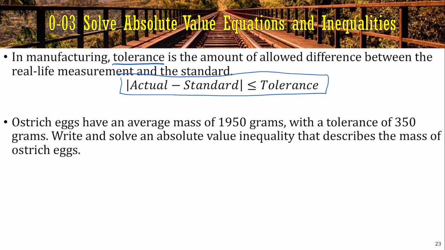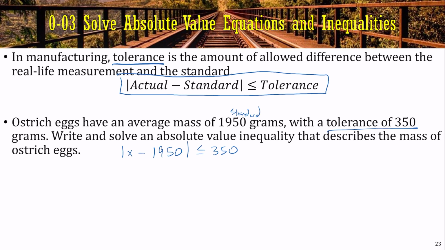All right. We want the actual, so our actual is going to be the x. Our standard is what it should be or usually is, the 1,950. So this is our standard. And that's the tolerance, 350. So that's our inequality.